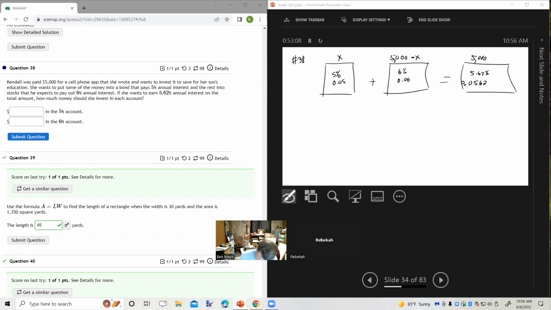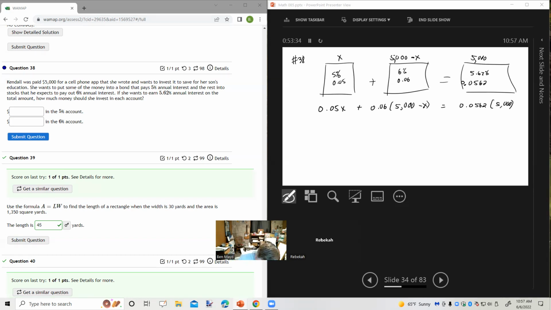Okay, so your equation becomes 0.05X plus 0.06 times the quantity 5,000 minus X equals 0.0562 times 5,000. All righty. Okay.